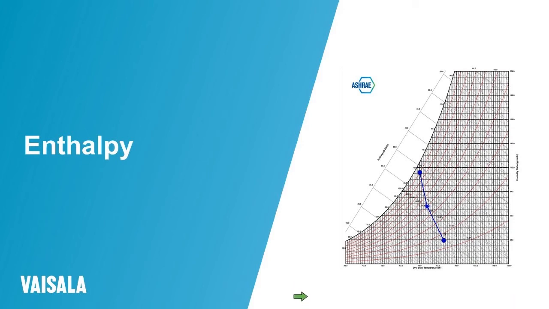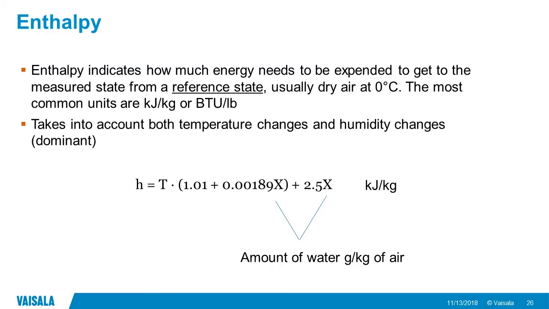Let's see a little bit more about that later, what it can tell us, and maybe a little bit more practical ways than using these kinds of psychrometric charts, the traditional way. So what's actually enthalpy? It's a measure of the energy content in the humid air.